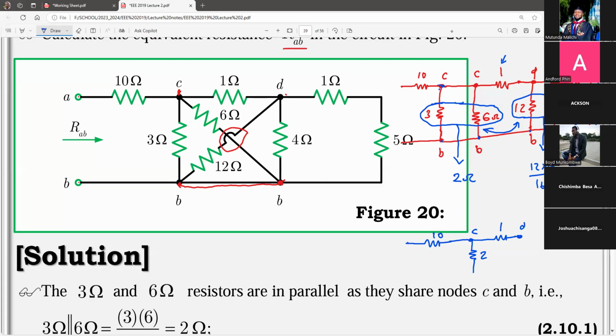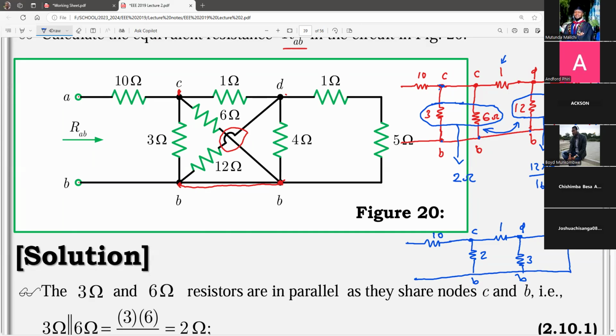Then you get to D. And then you have another resistor there, which is 3. I'll just draw one since it's the same thing. Then you have another one there like that. This is B, but this is 6 ohms now.